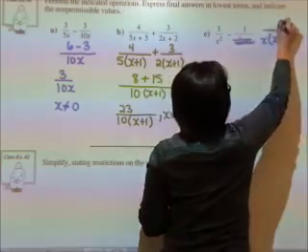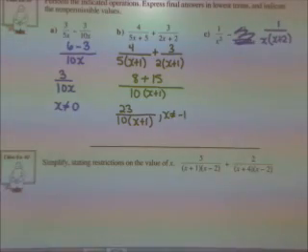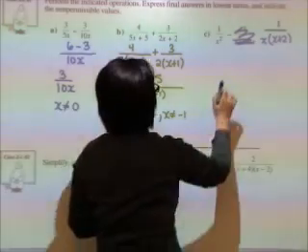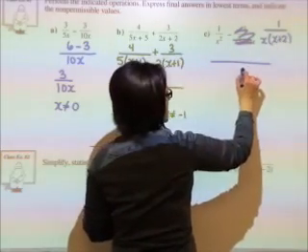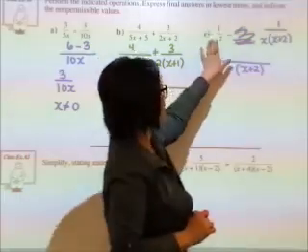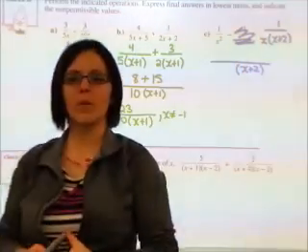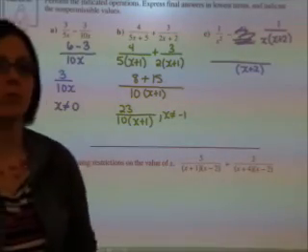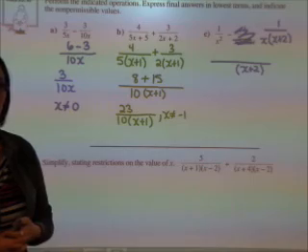So I'm going to get 1 over x times x plus 2. So if I look at my common denominator, this expression of x plus 2 has to be in the common denominator. Then I look at the 2 monomials, x squared and x. What would be the common denominator between those 2 expressions?